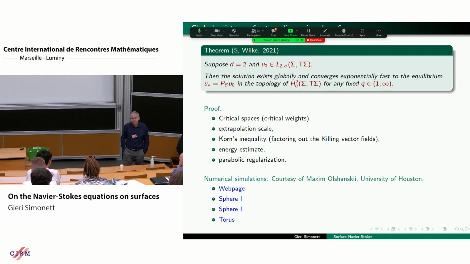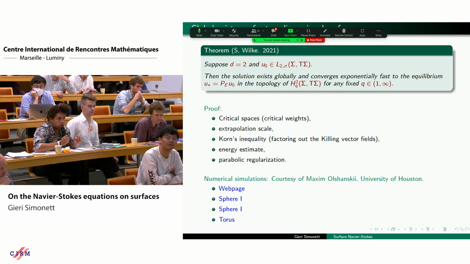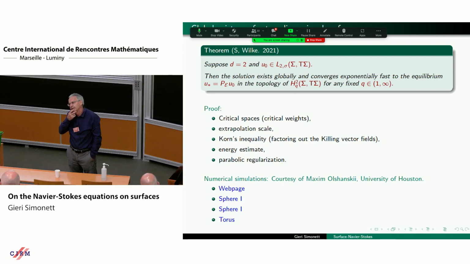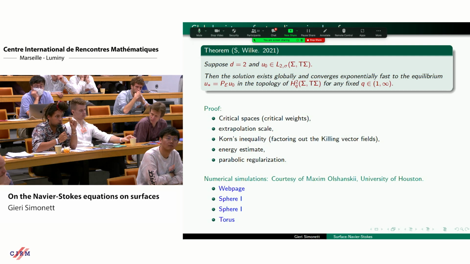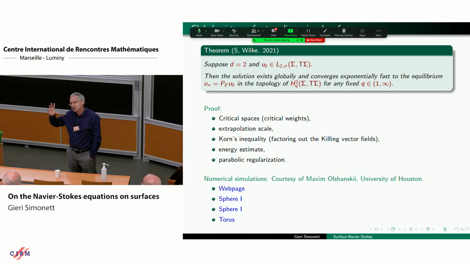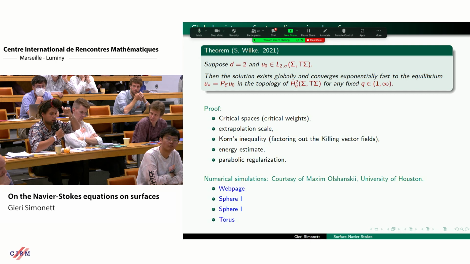Is it possible to consider a Prandtl type system in the sphere case, for example, with an epsilon tubular neighborhood? So you have the sphere, and you want to consider a stripe around the sphere, a tubular neighborhood of it.